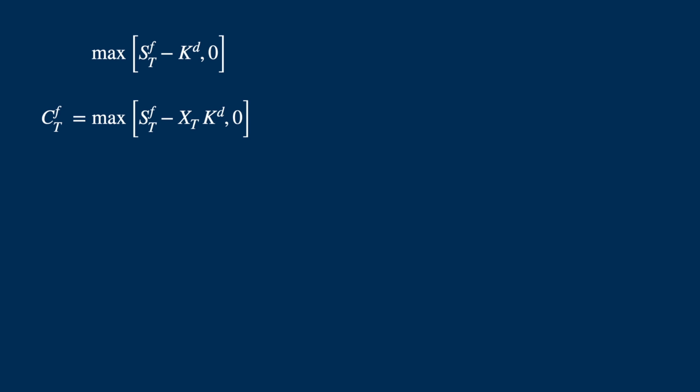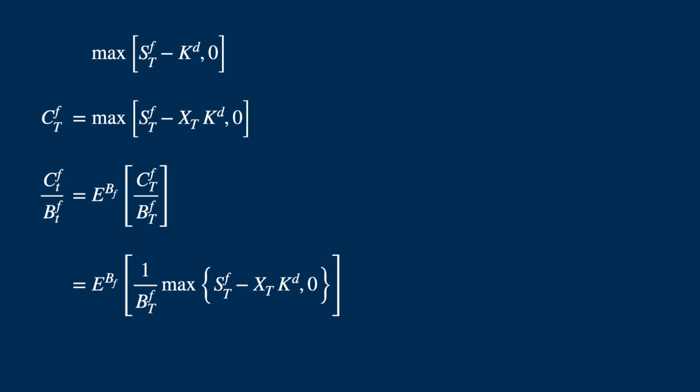And we recall the risk neutral valuation using the bank account in the foreign currency as the numeraire, and we can substitute for the payoff. And now, as you would have expected based on the setting, this one will simplify if we were to use the risk neutral measure associated with the domestic bank account. So we change the expectation.